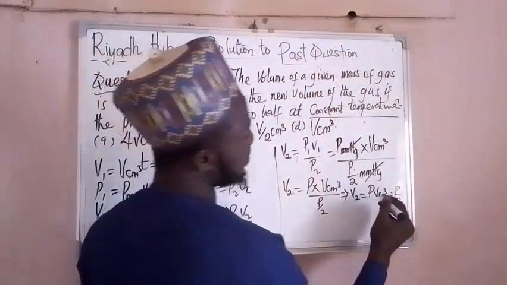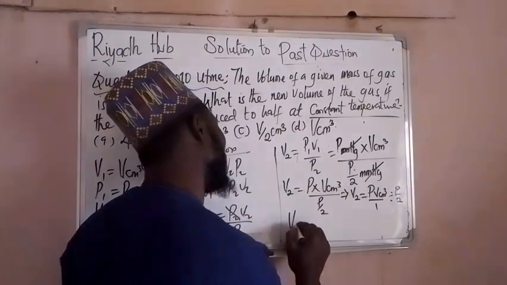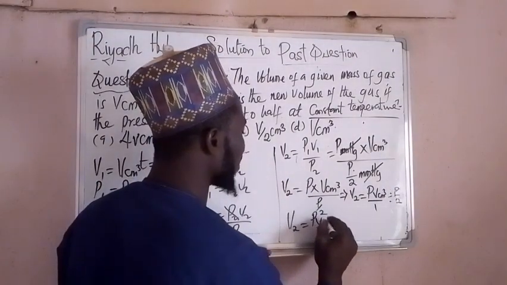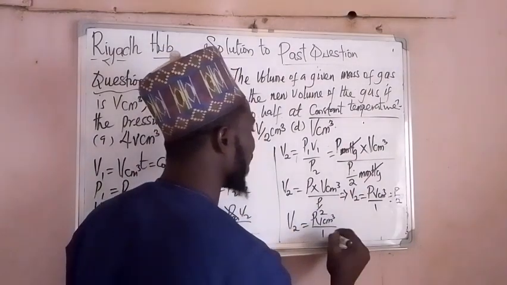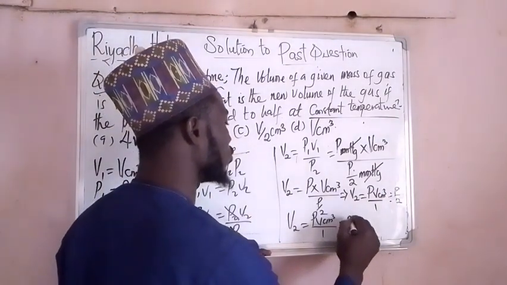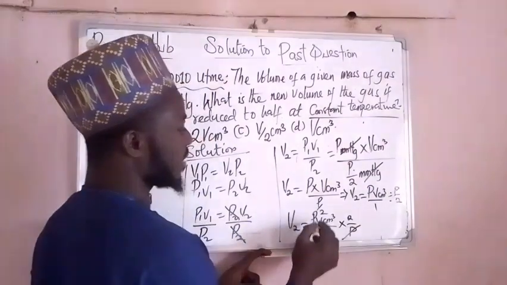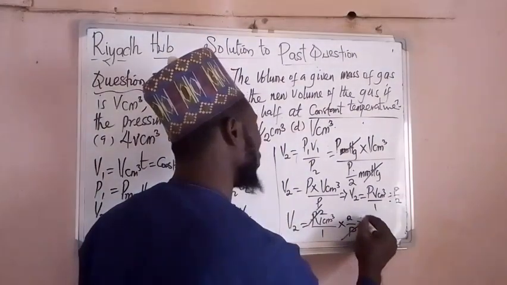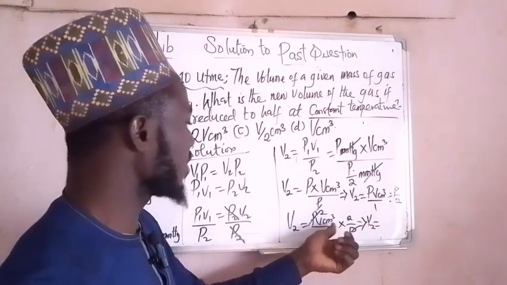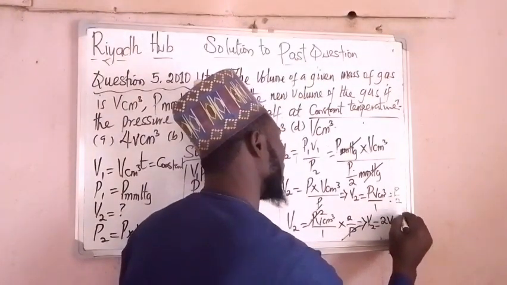Remember, this is the same as P V centimeter cube over 1 times 2 over P, by switching them. From here P cancels P, so you are left with V2 equals V centimeter cube times 2. You have 2V centimeter cube.